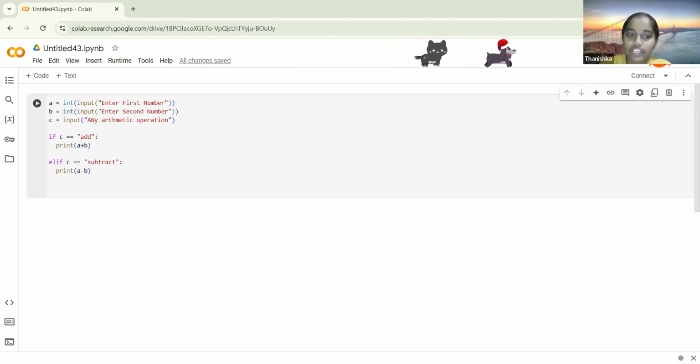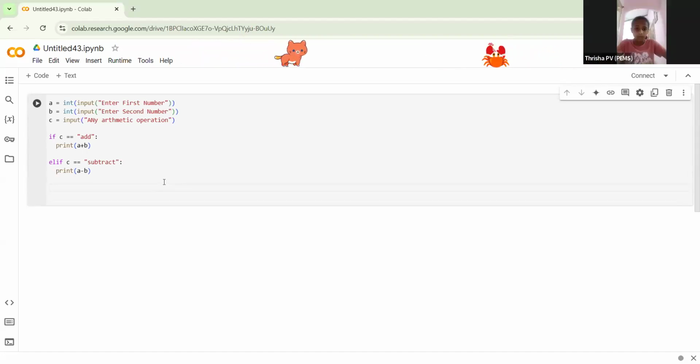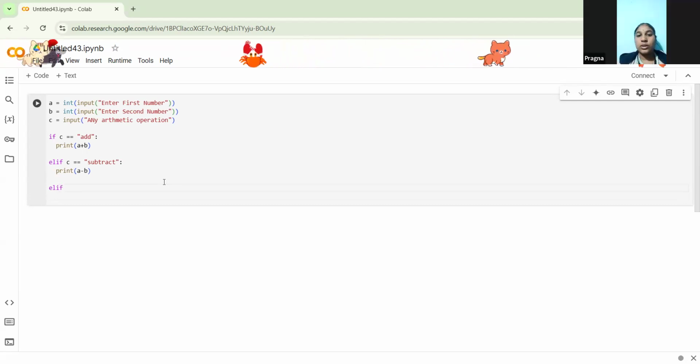Now, can any student from level 1 tell me what should we do next? If it's add, then add them; subtract, then subtract. Now what next? Multiplication. What should we type? Elif.